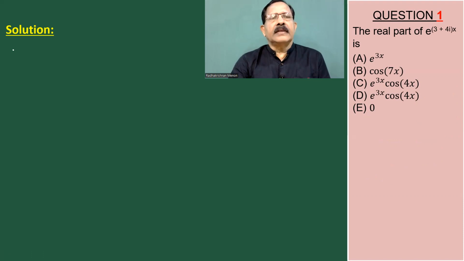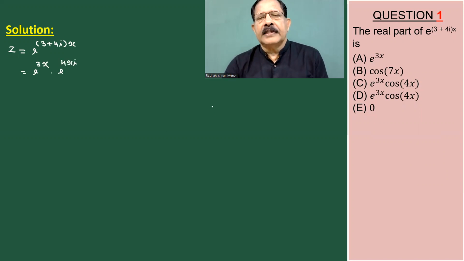let us assume that the given complex number is z, which is equal to e raised to (3 plus 4i) into x. So we simplify it. We are getting e raised to 3x into e raised to 4xi. Now, Euler's theorem.